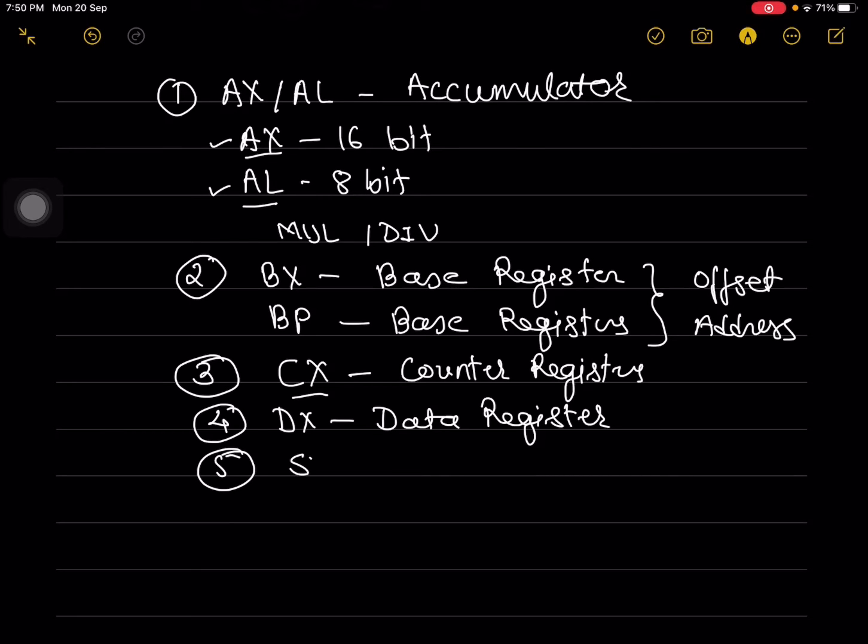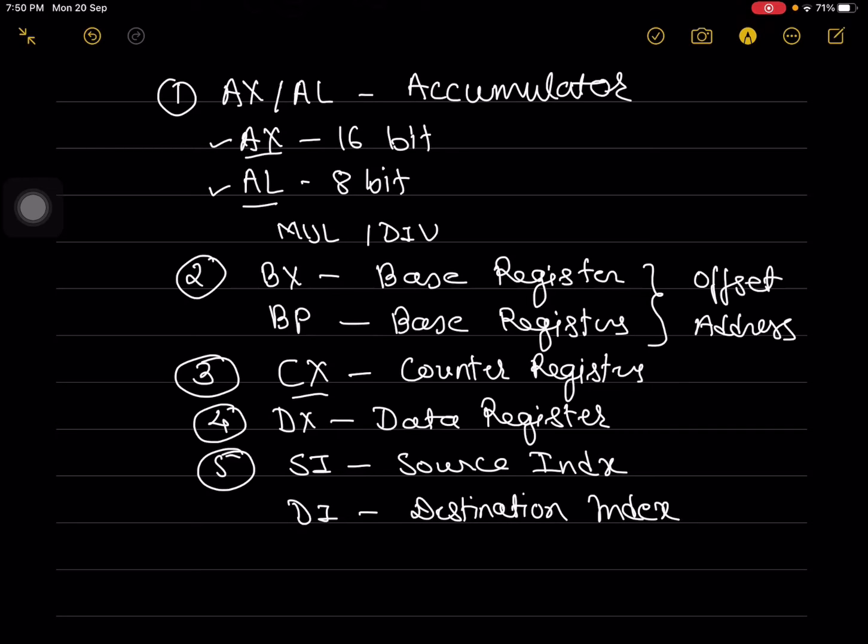Another register is SI, that is the source index register, and DI, that is the destination index register. These both registers are used by the microprocessor for the storage of effective address in case of string instructions.